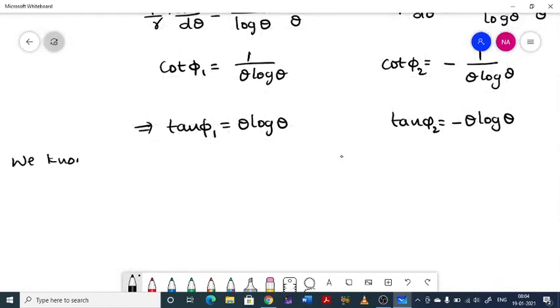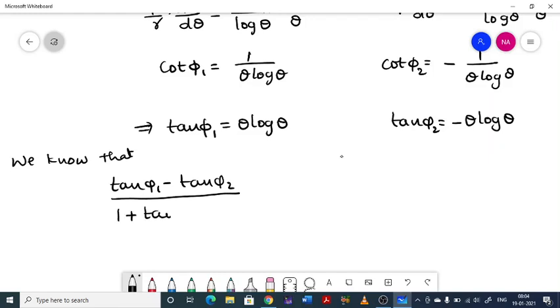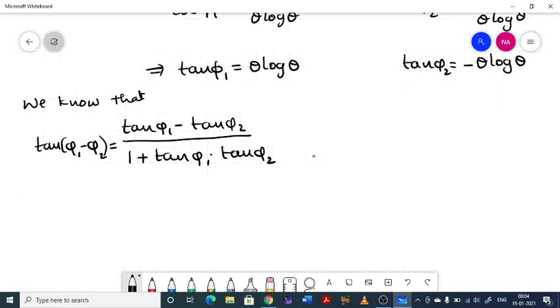We know that tan phi 1 minus tan phi 2, divided by 1 plus tan of phi 1 into tan phi 2, will be equal to tan of phi 1 minus phi 2. Now we have tan phi 1 and tan phi 2, so I can use this relation.